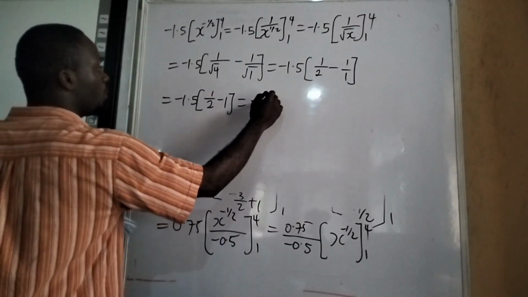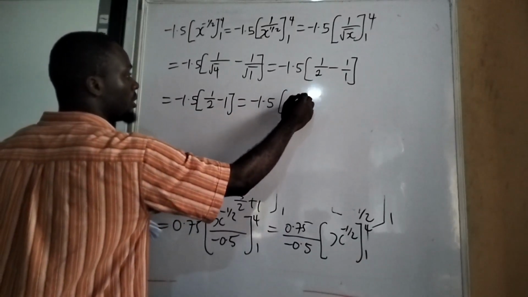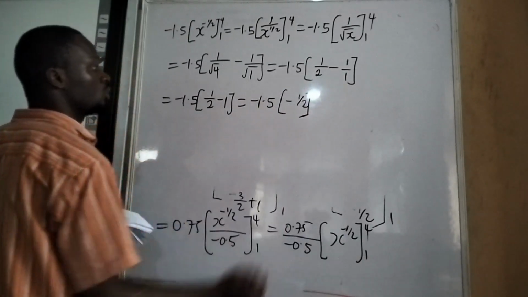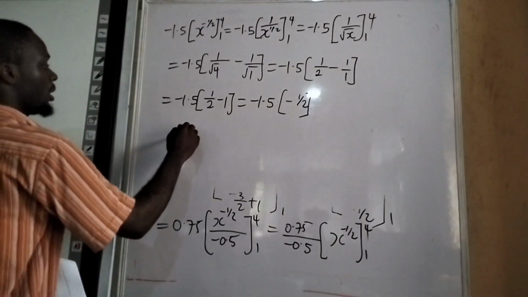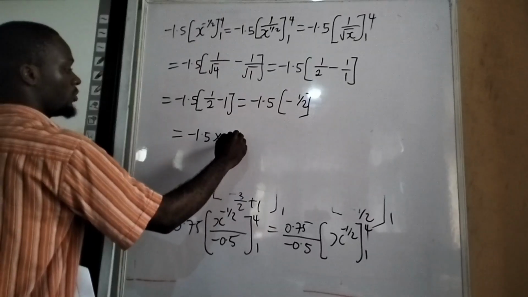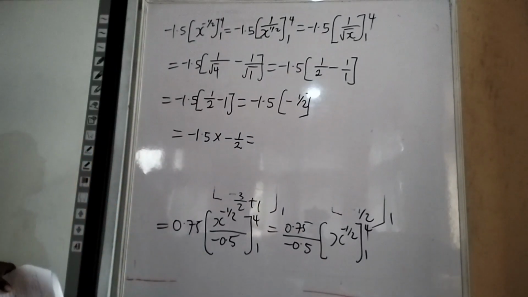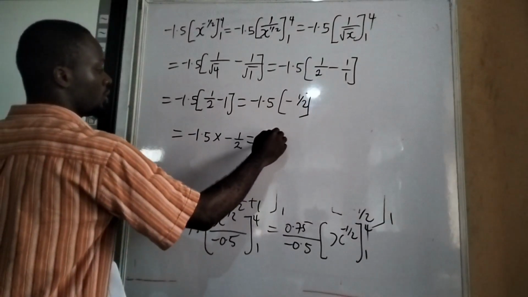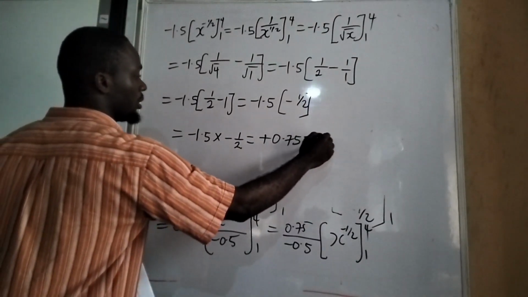So 1 over 2 minus 1 will give us minus 1 over 2. So if you punch minus 1.5 times minus 1 over 2, it will give us plus 0.75.